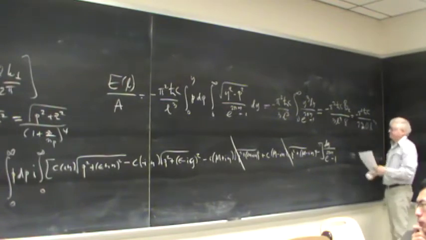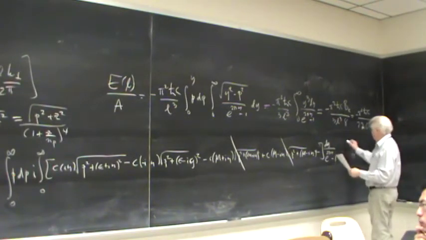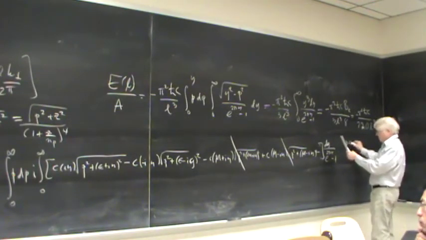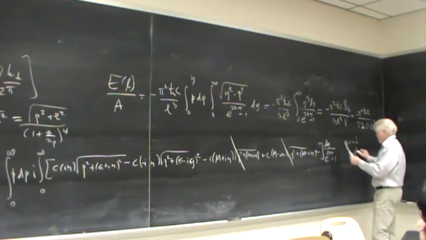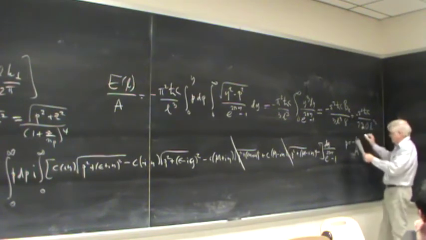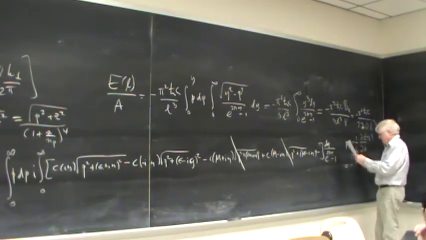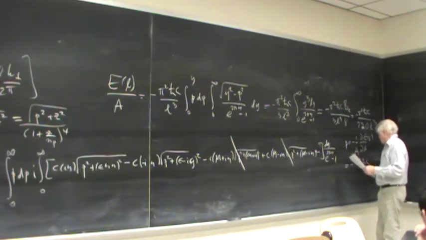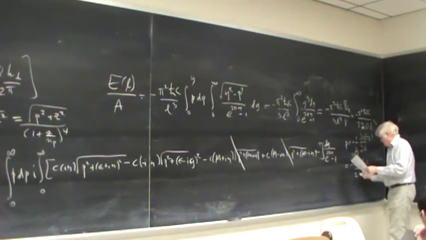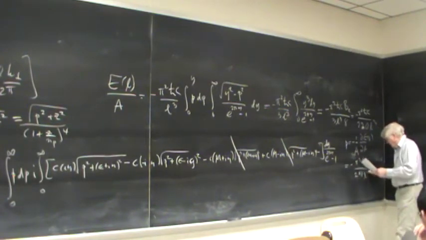And as a result, the pressure between the plates, minus 1 over A, pushing the plates together, partial E of L, partial L, is equal to minus pi squared h bar c over 240 L to the 4th.